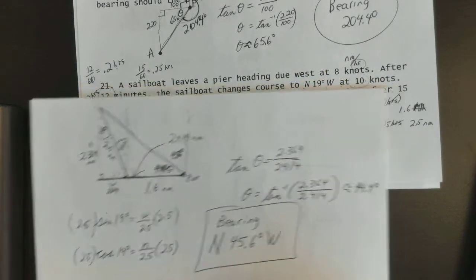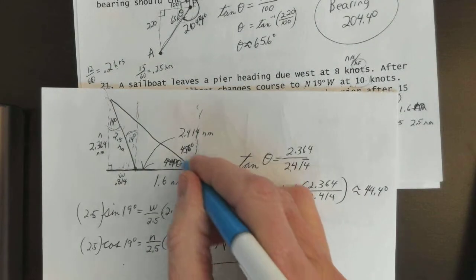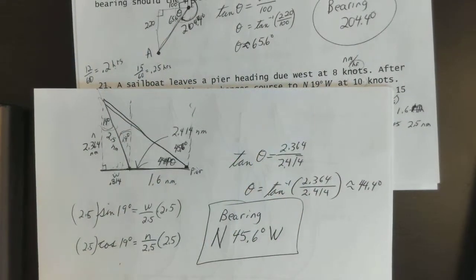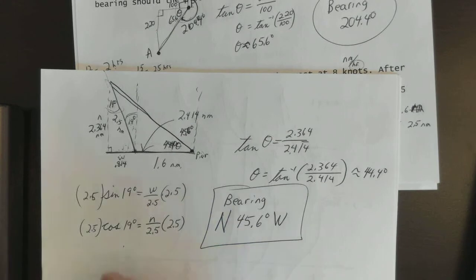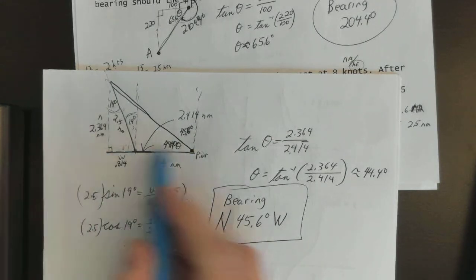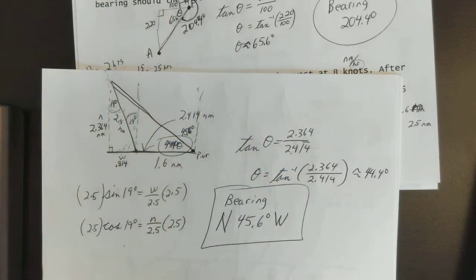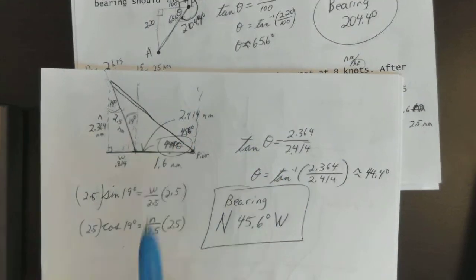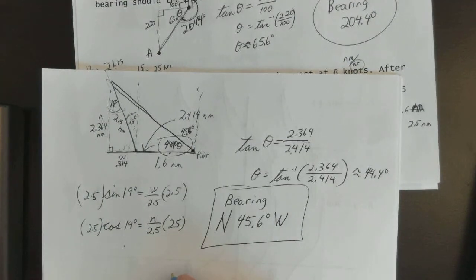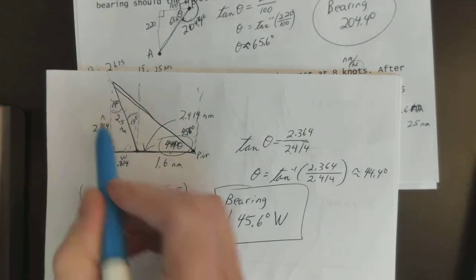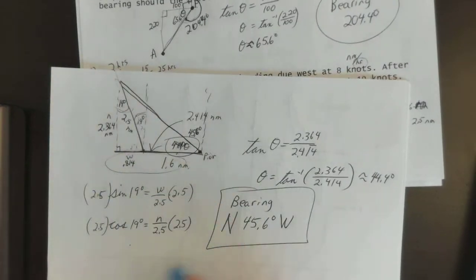Now the distance. I need to find this. I may as well just use the Pythagorean Theorem again. Although I could use, let's use SOHCAHTOA. Let me go off of the 44.4 degrees. That's opposite and that's adjacent.